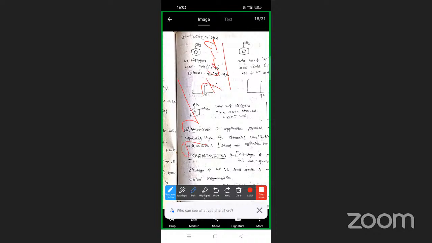You can justify the mass for the 7 carbons: 7 into 12 is 84, and what is left is 8, so there are 8 hydrogens. 92 is an even mass here.